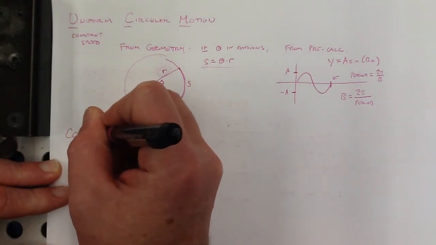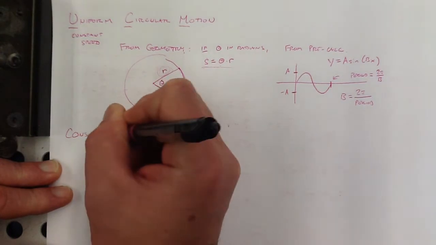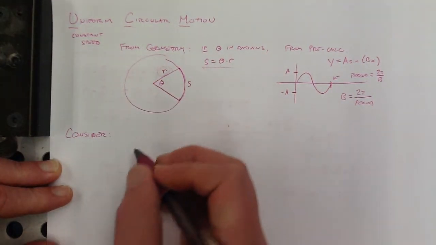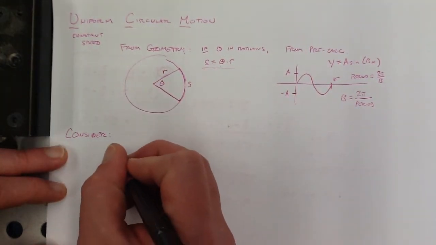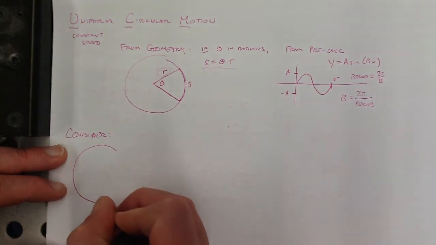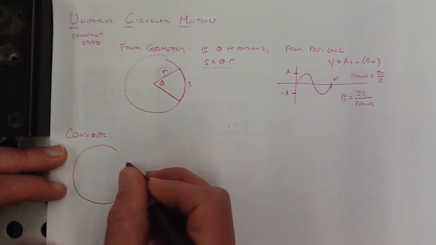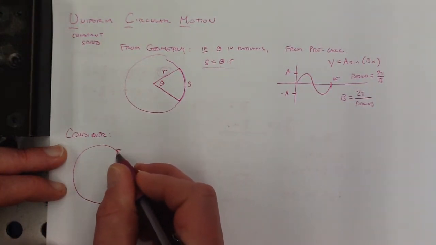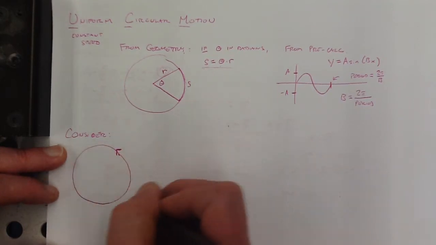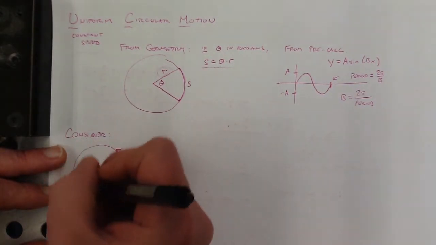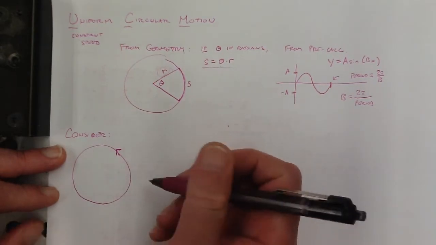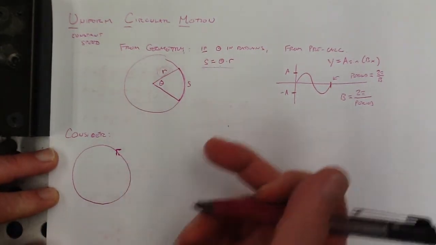So consider an object that is in uniform circular motion going around a circular path. We'll say that it's this way. This is what we usually think of as the positive direction for circular motion. Why do we think of that?